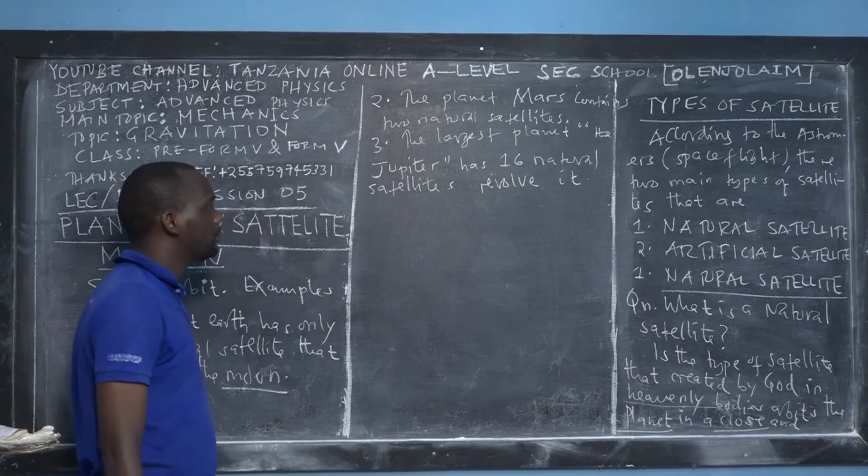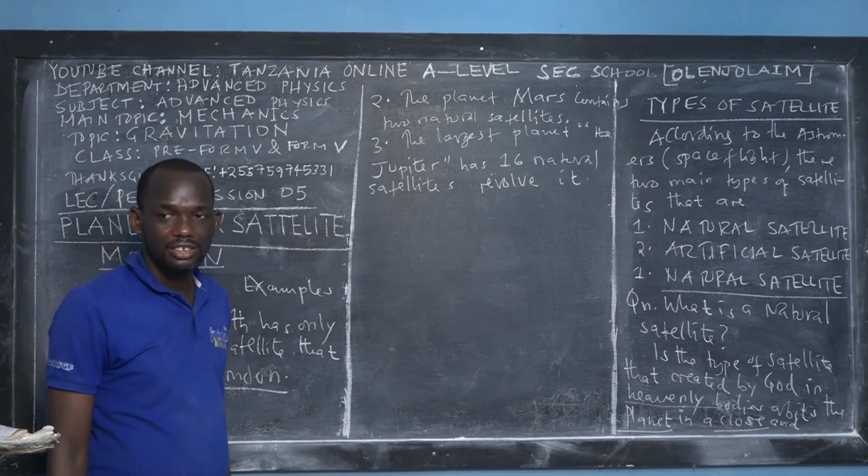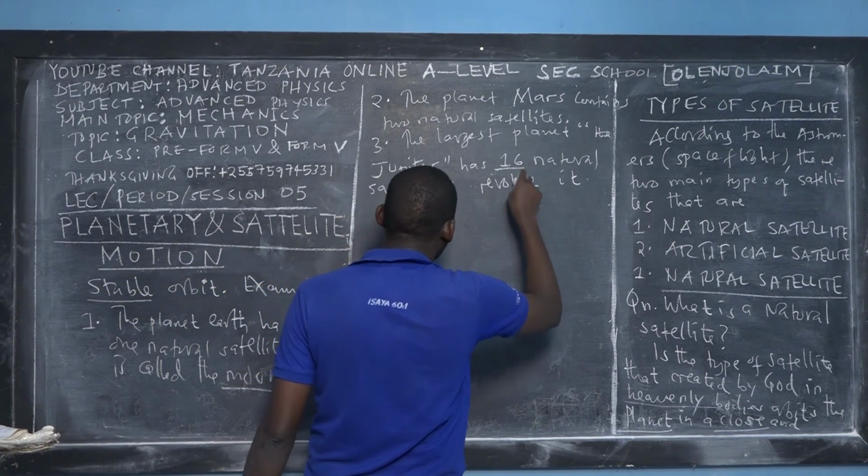So you said the largest planet in the solar system, Jupiter, has 16 natural satellites that revolve around it.